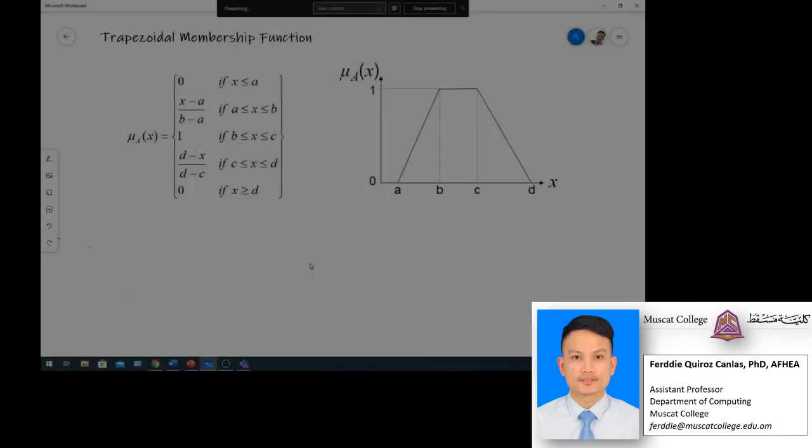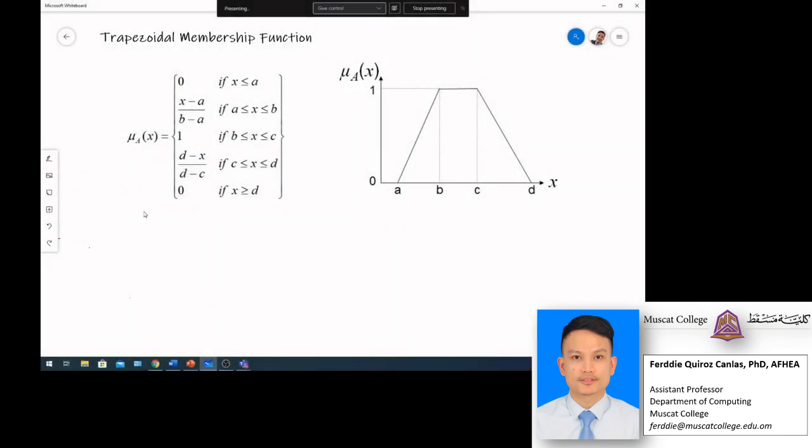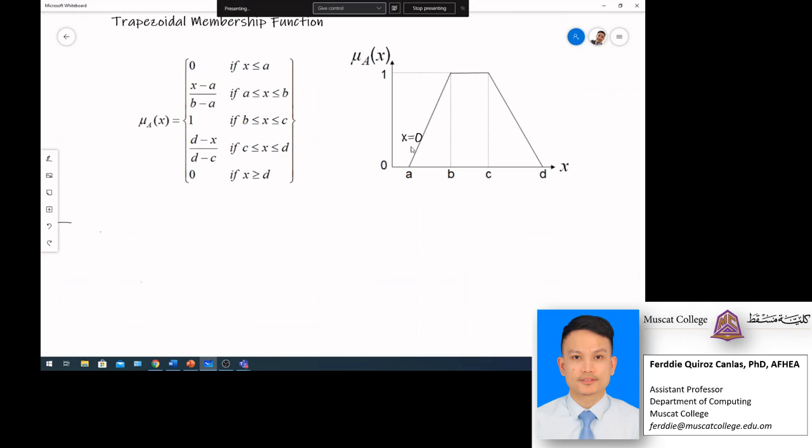In this example, if my x is here between the two, the value of x would be 0. So you have to note that the value of x is 0 if it is residing on this portion of the graph, I mean the diagram.